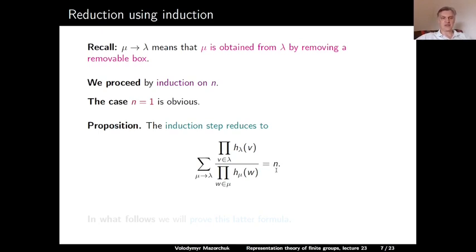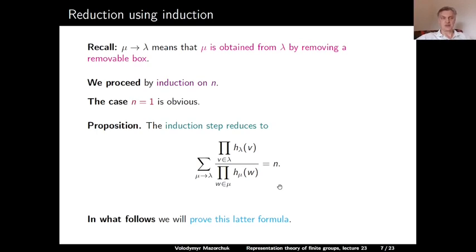So the claim of the proposition is that the induction step reduces exactly to proving this equality. And this is what we will prove in the main part of today's lecture.